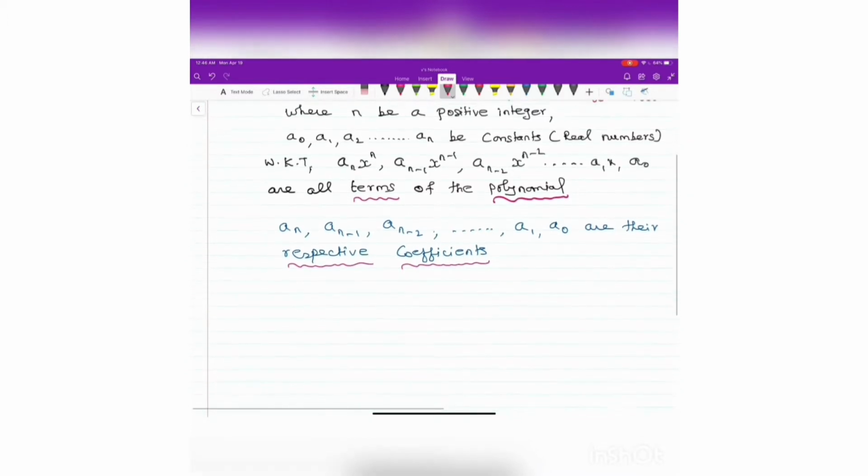Now, let me give you some examples for polynomials. Examples. P of x is equal to 4x plus 5.